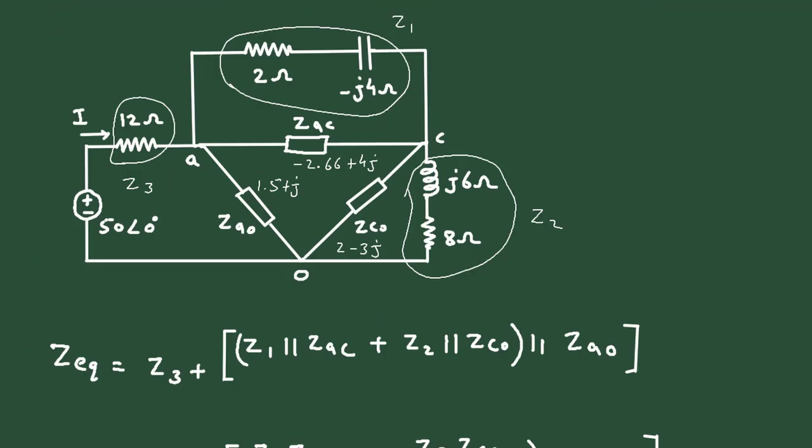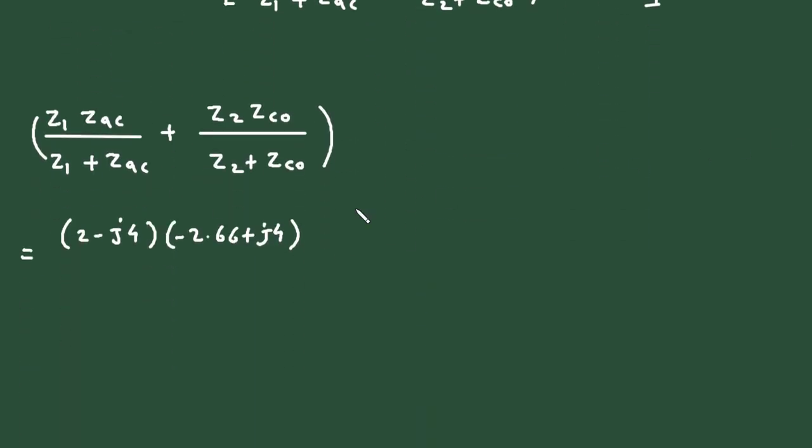Now they will be divided by the same value in addition: 2 minus J4 plus minus 2.66 plus J4.